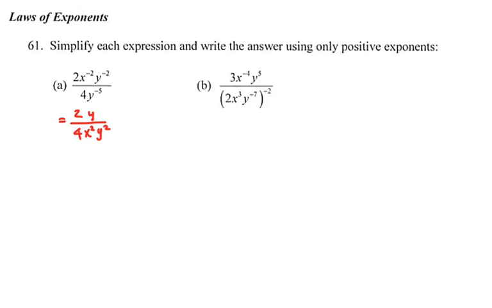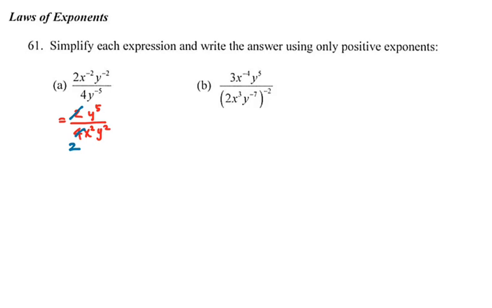You see, first 2 was already there, and x to the negative 2 now went to the bottom, x squared. Y to the negative 2 went to y squared and then stayed in the denominator. On the other hand, y to the negative 5th power from the denominator should move up to the numerator.